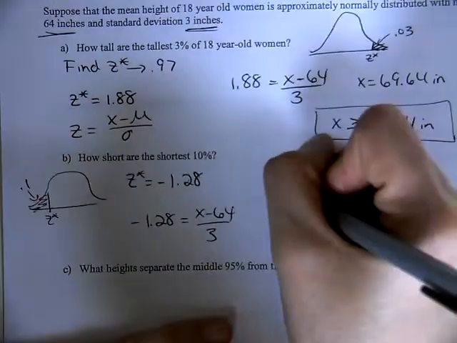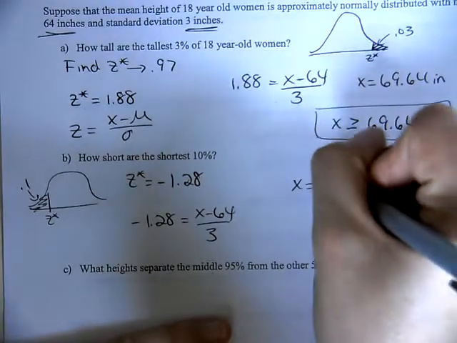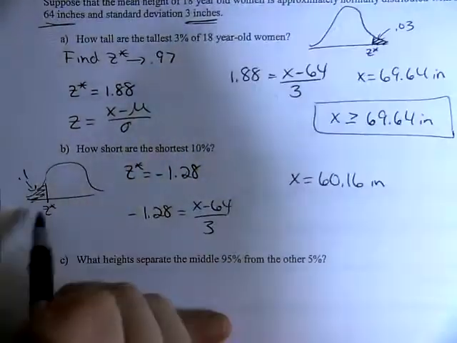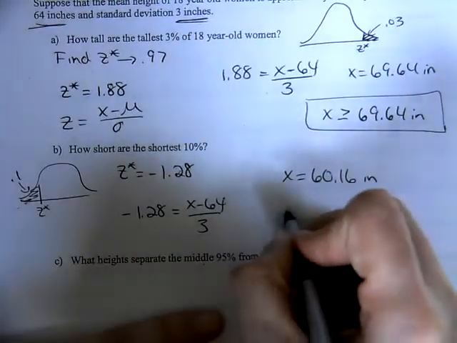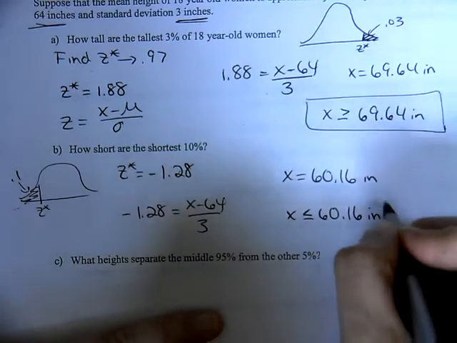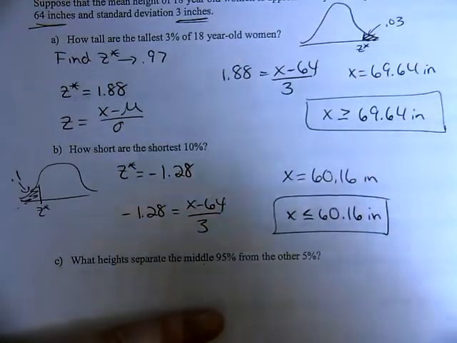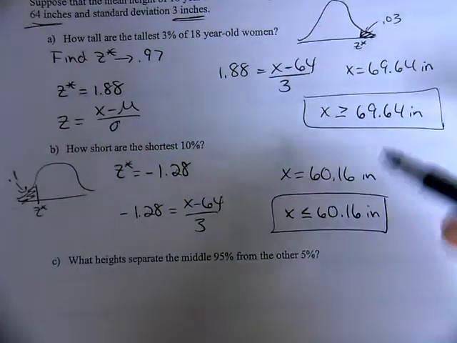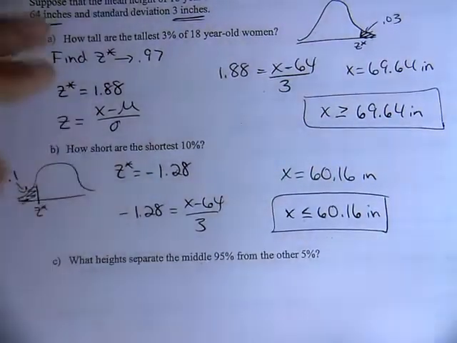Then when you solve, you get x equals 60.16 inches. But again, my answer is not a single value. x should be less than or equal to 60.16 inches. So the shortest 10% are less than 60 inches, so less than 5 feet. So my final answer has an inequality in it.